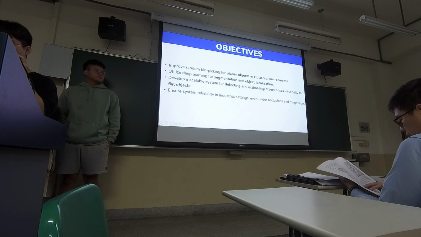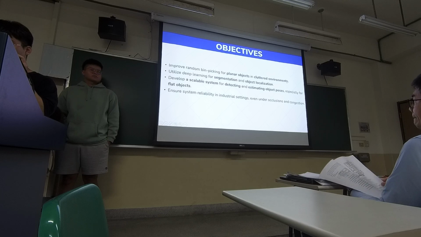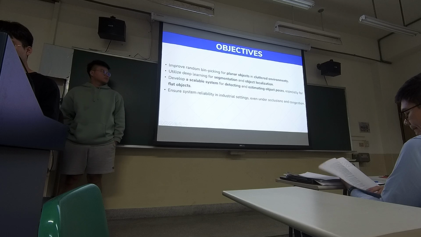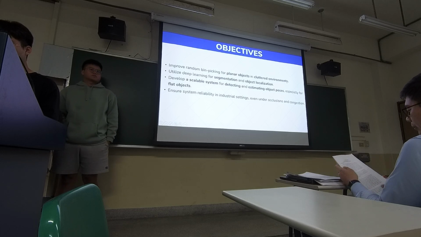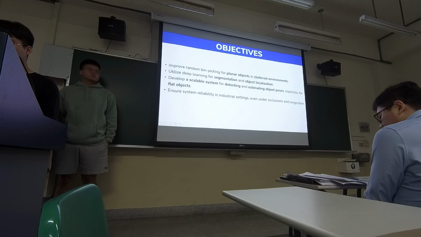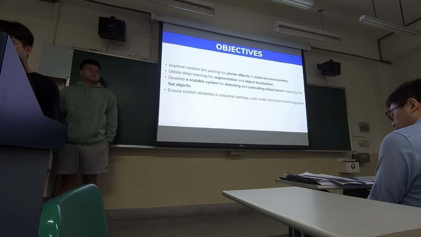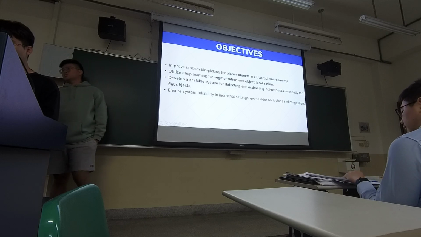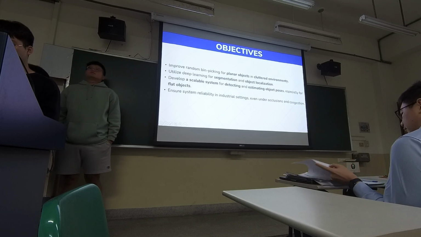We want to build a robust practical system that can be quickly deployed in industrial settings. It will be scalable, meaning it can handle a variety of random objects with 3D dimensions and is flexible enough to work with other types of objects too.